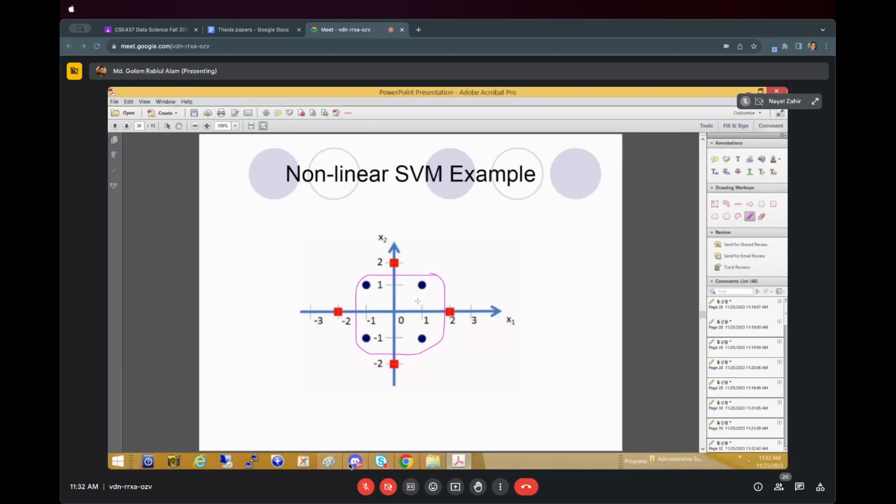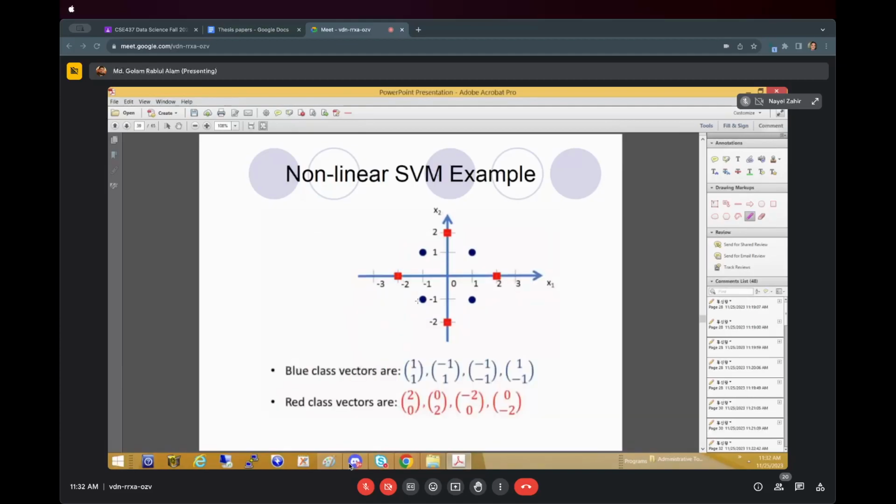Then how can we do that? One approach is mentioned in the book. These are the blue class vectors and red class vectors. The blue ones are the negatives, and the red ones are the positives. You can see this point is (1, 1), this is blue class, that is negative.